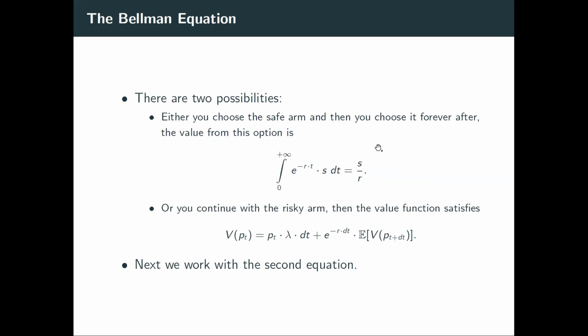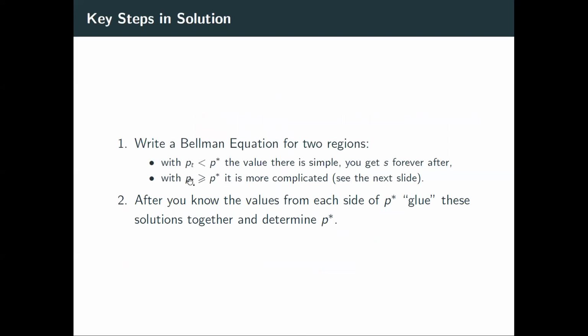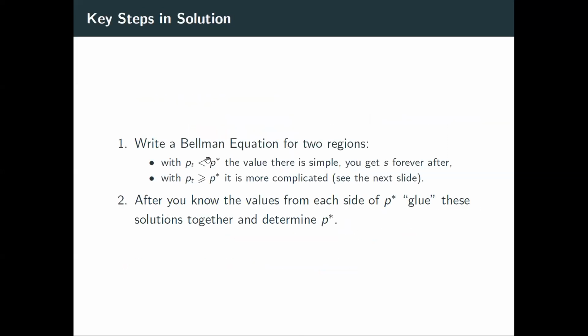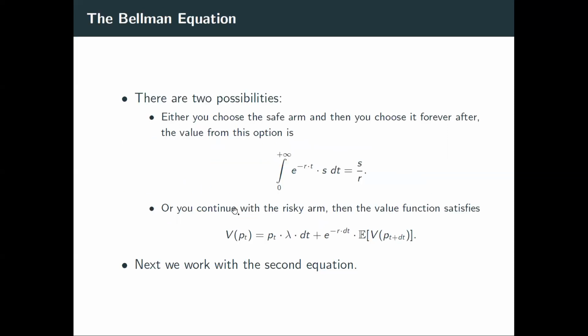And it will be equal to just s divided by r, right? In another region where p_t exceeds P star, when you continue experimentation, again when you're indifferent, do whatever you want. It's not important where you include equality. So here we included equality in this second region.